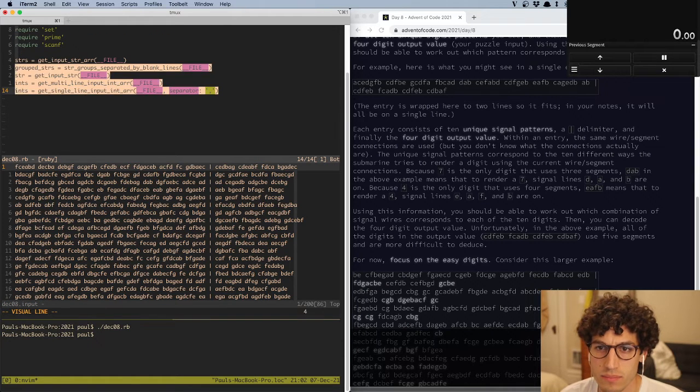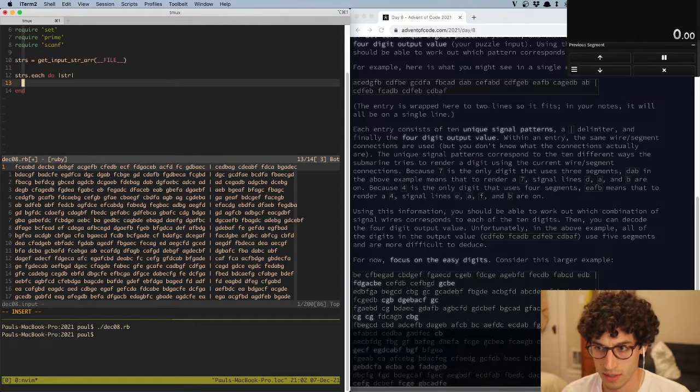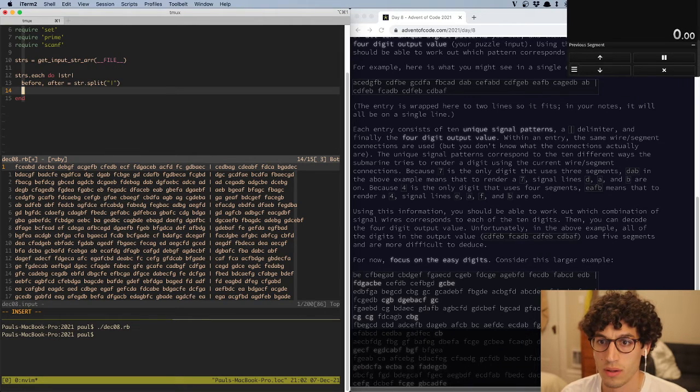Okay. Stirs.each do |stir|, before, after equals stir.split. Before inputs equals before.split.map strip.